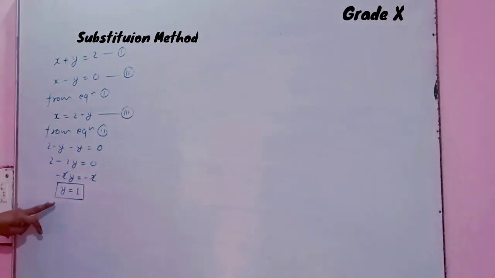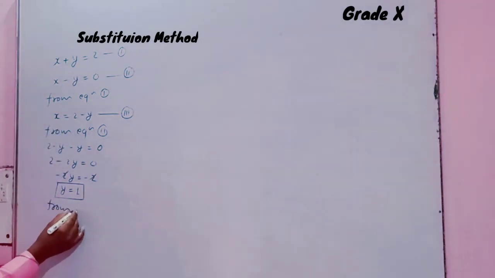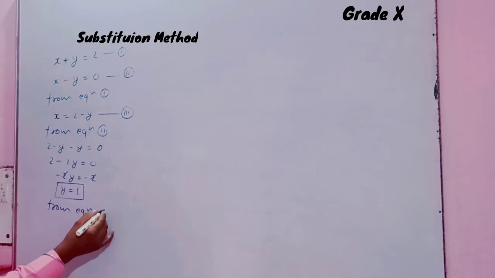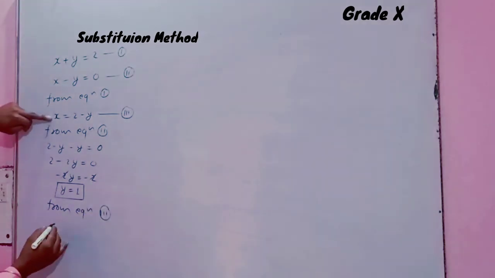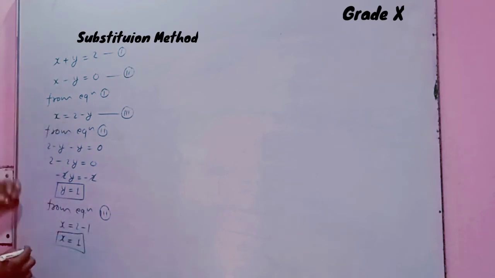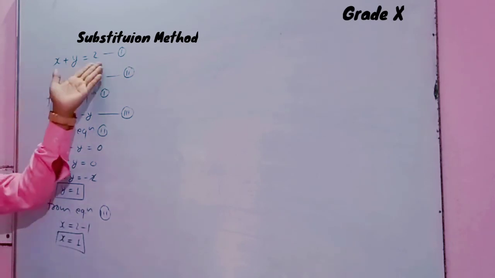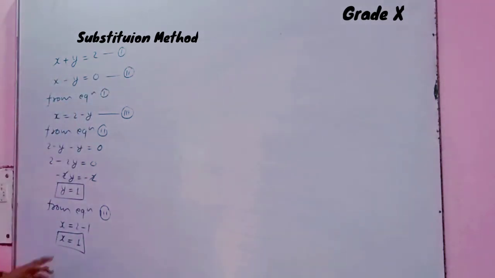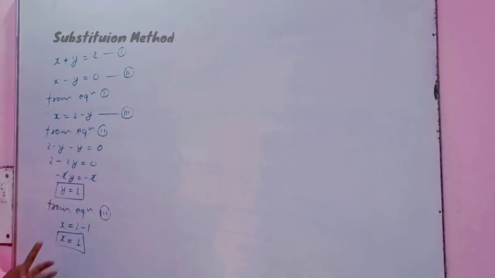Now substitute the value of y as 1 in equation third. Then from equation third, x is equal to 2 minus y, y is 1. It means x equal to 1. So we have the required solution of the pair of linear equations in two variables, that is x is equal to 1 and y is equal to 1.